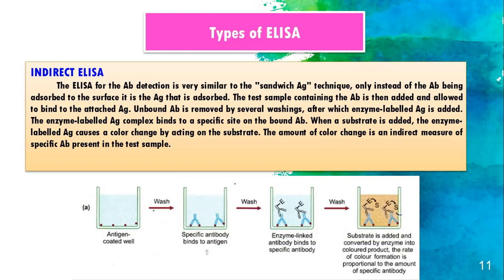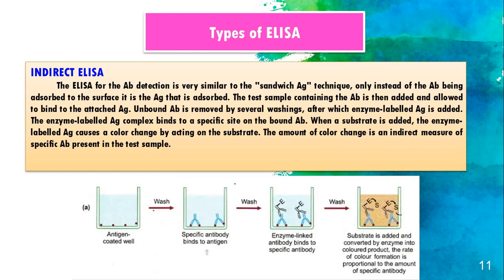wherein the ELISA for the antibody detection is very similar to the sandwich antigen technique. Only instead of the antibody being absorbed to the surface, it is the antigen that is being adsorbed. The test sample containing the antibody is then added and allowed to bind to the attached antigen.